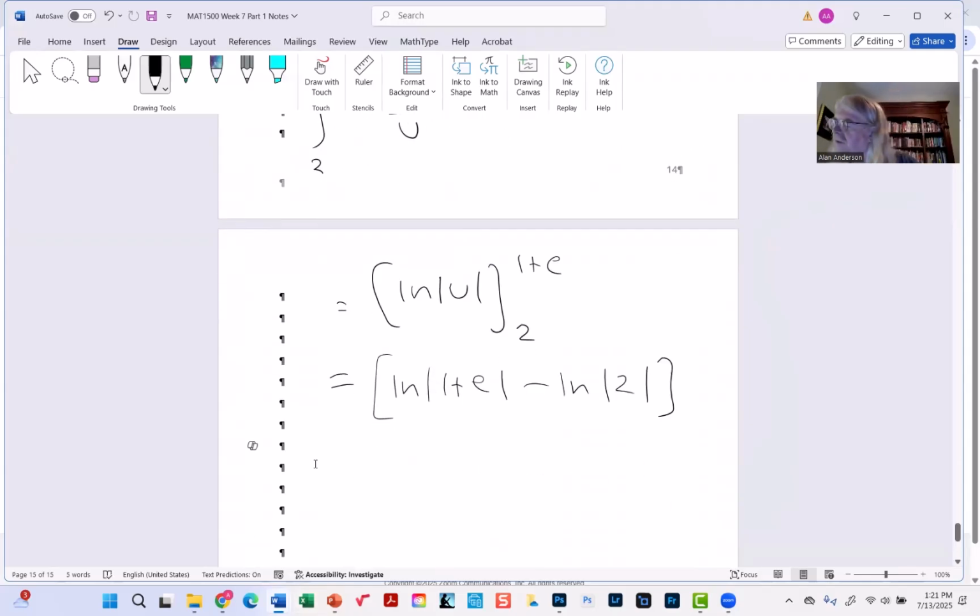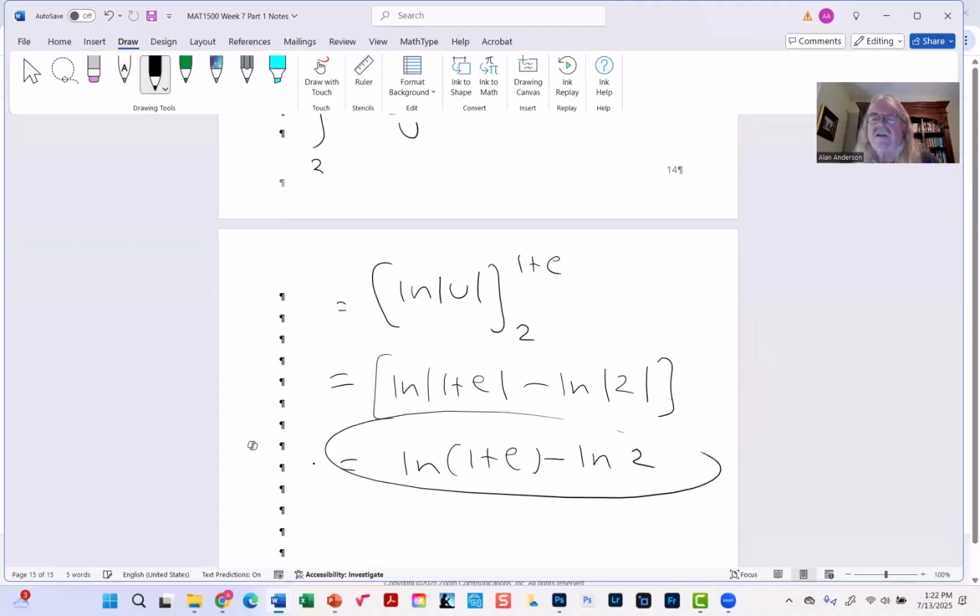And so we ultimately end up with the exact value, and it's going to be approximately 0.6201.